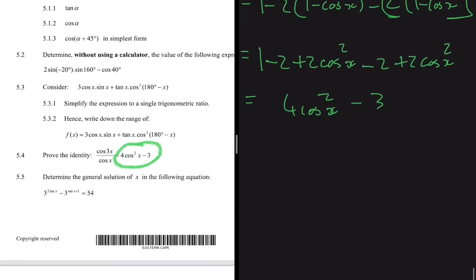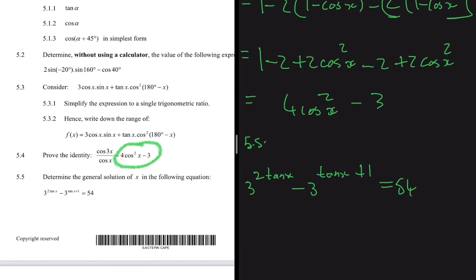Let's move to 5.5. It says determine the general solution of x in the following equation. We have 3 to the 2 tan x minus 3 to the tan x plus 1 equals 54.